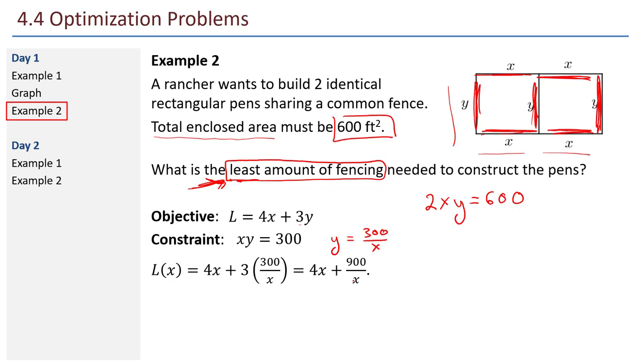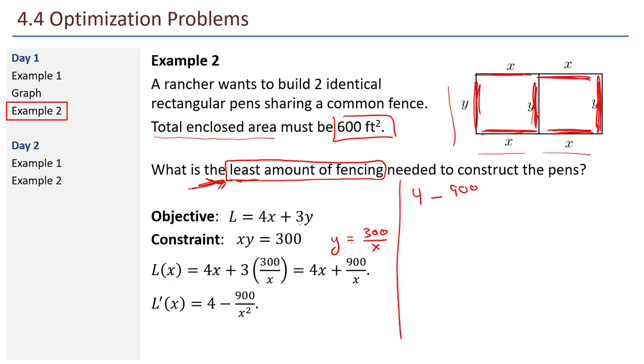What am I going to do next? Take the derivative of L of x and solve for where it's equal to 0. Here's my derivative. The derivative of L is 4 minus 900 over x squared. Let's solve for where that equals 0. 4 minus 900 over x squared equals 0.